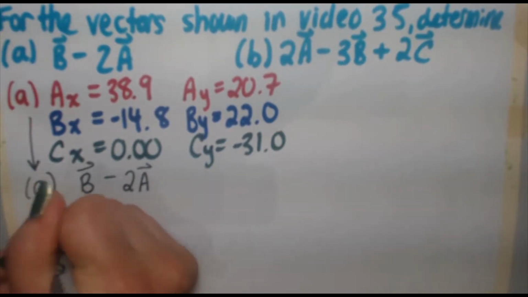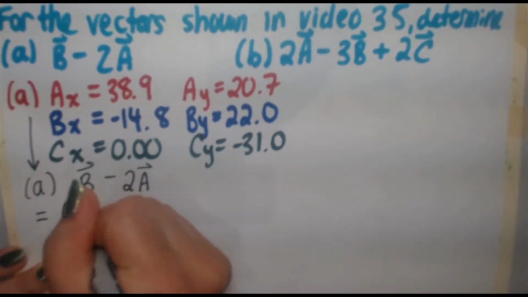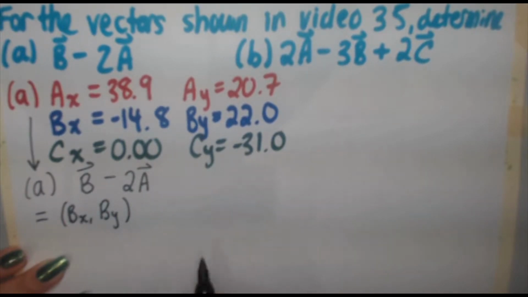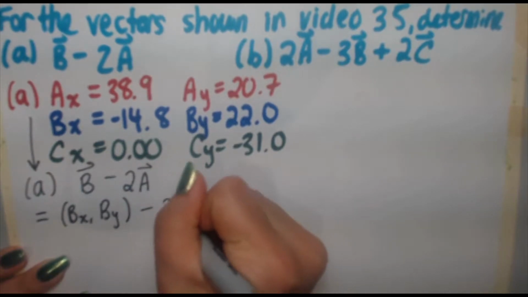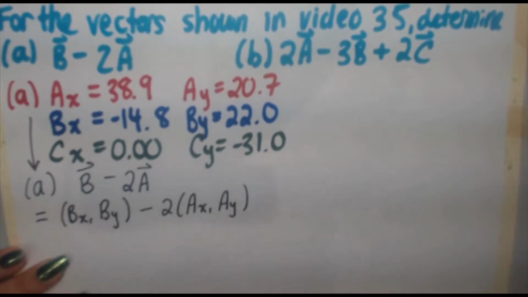The way I'm going to break this down is the following. B has an X and a Y component, so instead of writing B like this, I'm going to write it as BX, comma, BY. A also has two components, but there's a 2 in front, so we don't want to forget that. So minus 2 bracket AX, comma, AY.